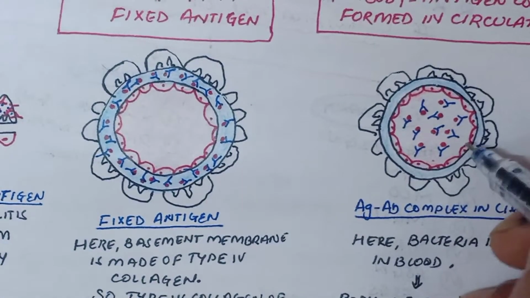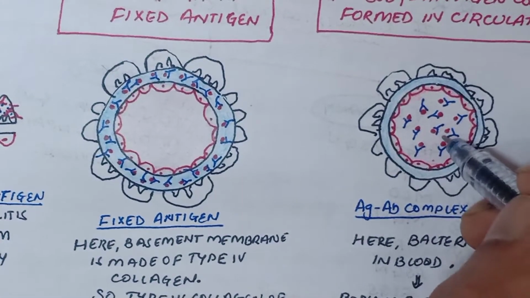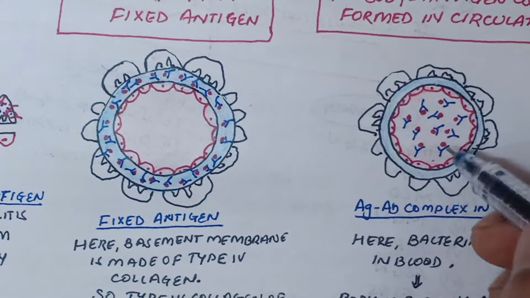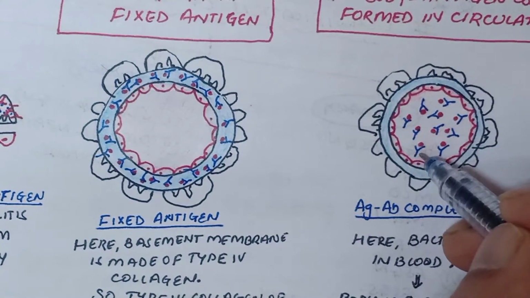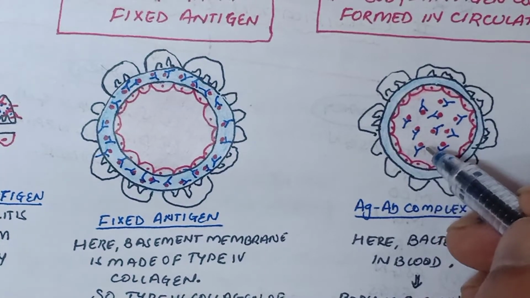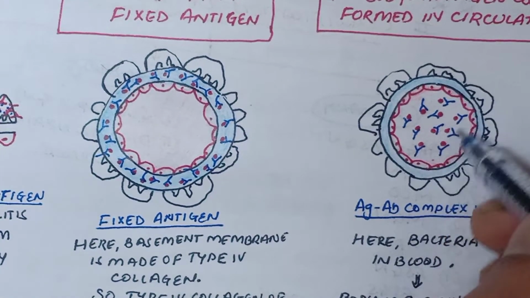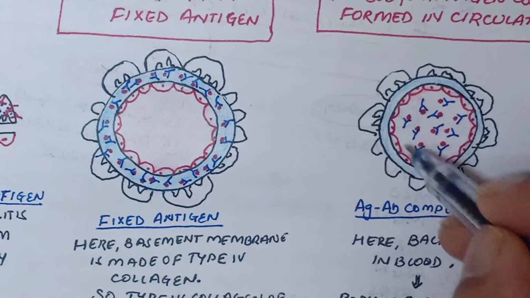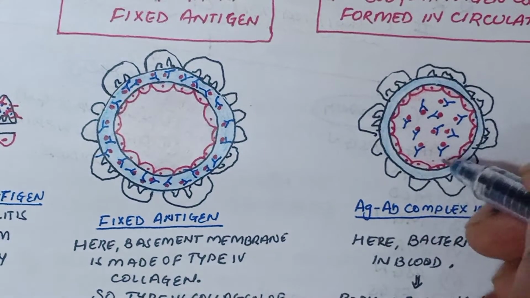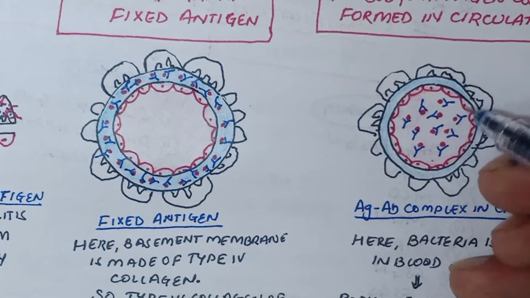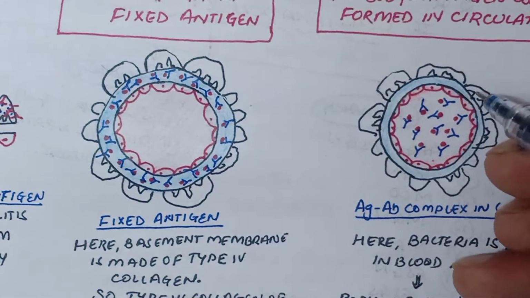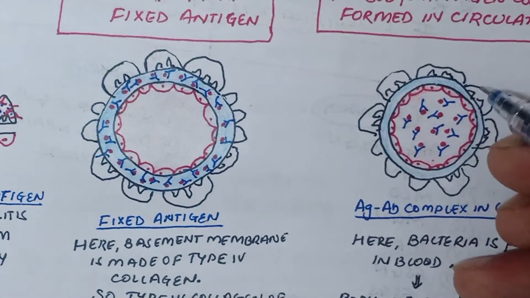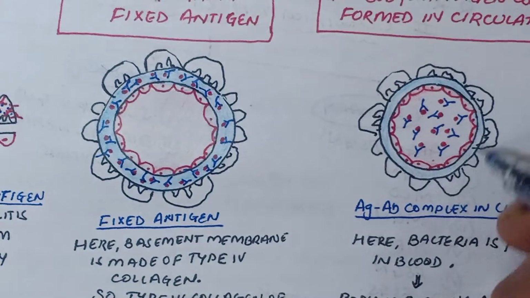And in this case, antigens are the bacteria present in the blood, and the body is producing antibodies against antigens which are already present in the blood. Now this will form antigen antibody complex, and it moves to the kidney and gets deposited there, resulting in basement membrane destruction and glomerulonephritis.